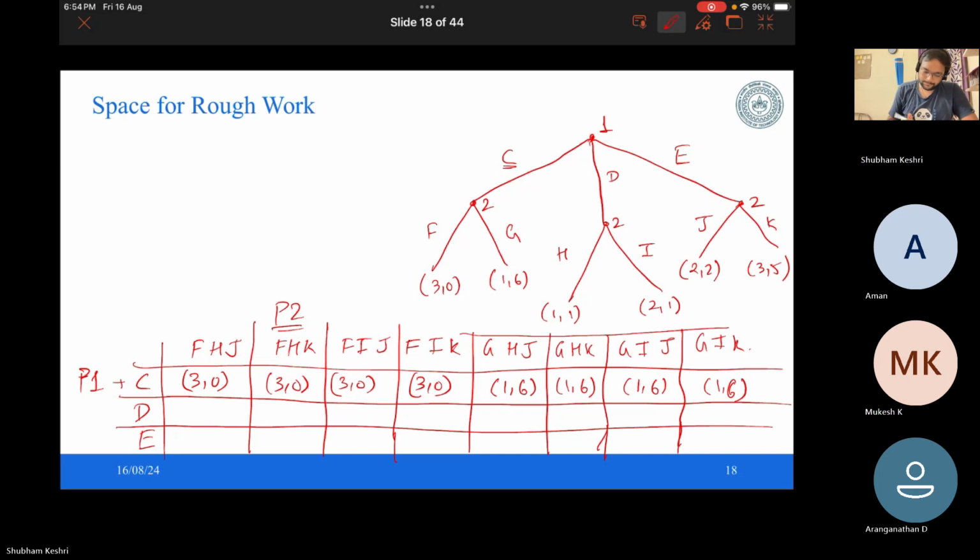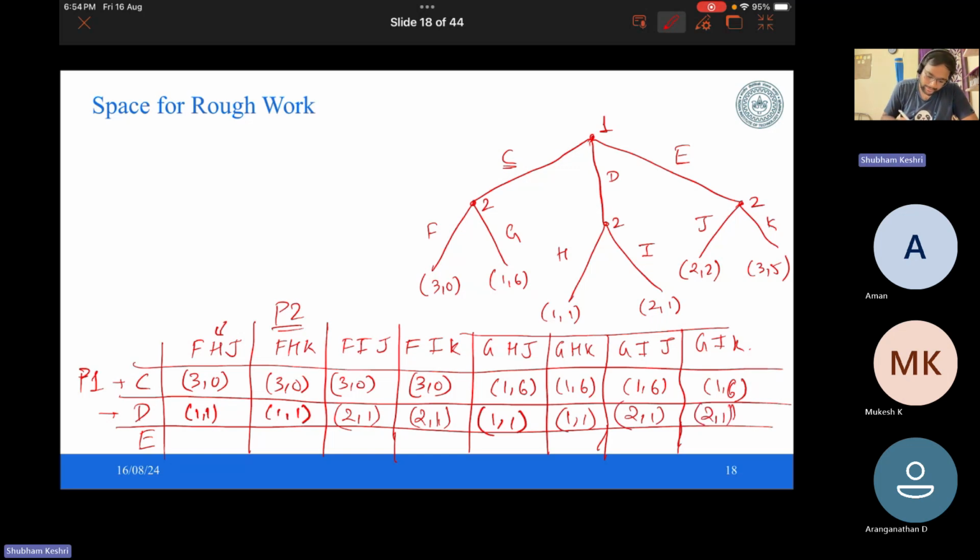Now when player 1 is playing D and player 2 is playing F, H, G, wherever H is being played, the utility will be 1 comma 1. So I'll write it quickly: 1 comma 1, 1 comma 1, 1 comma 1, and this will be 1 comma 1. And wherever I is played, the utility will be 2 comma 1. So 2 comma 1, 2 comma 1, 2 comma 1 and 2 comma 1.